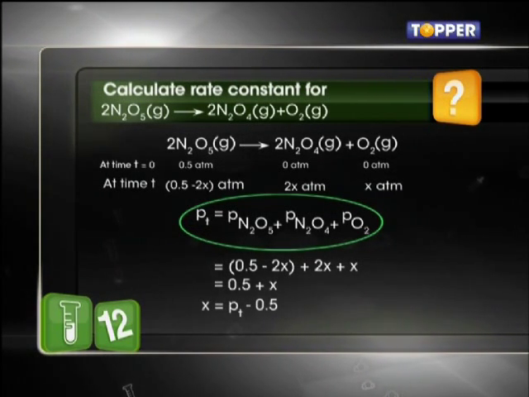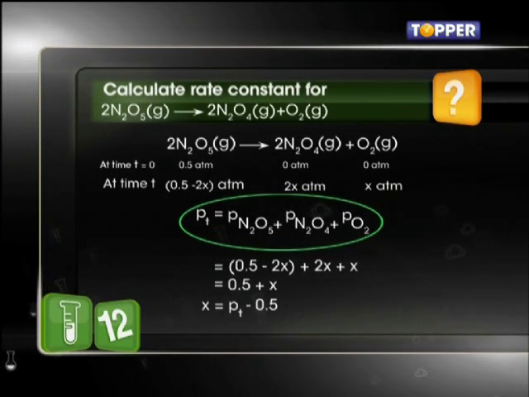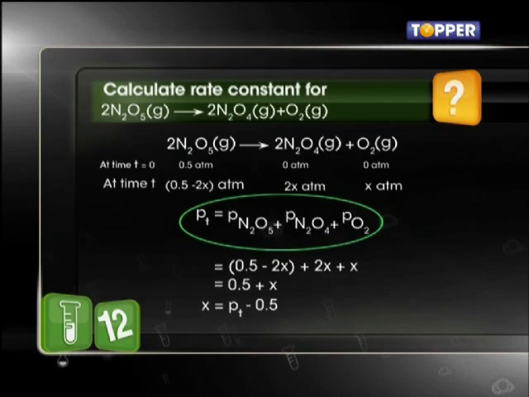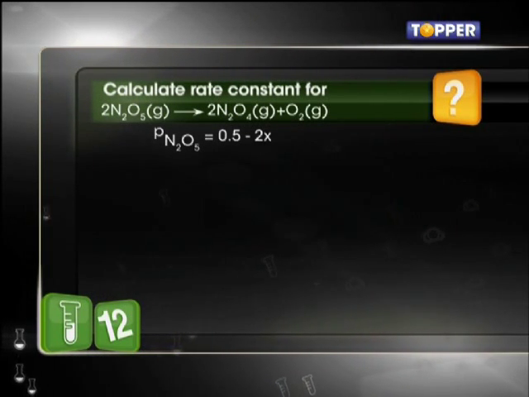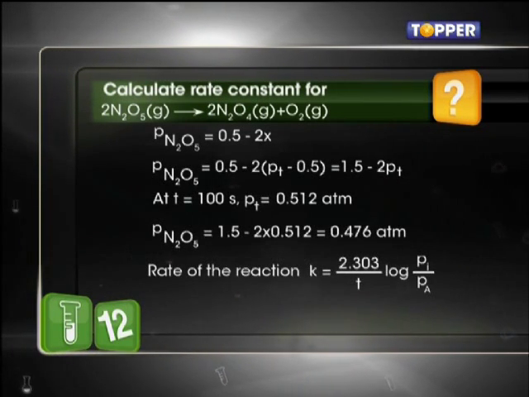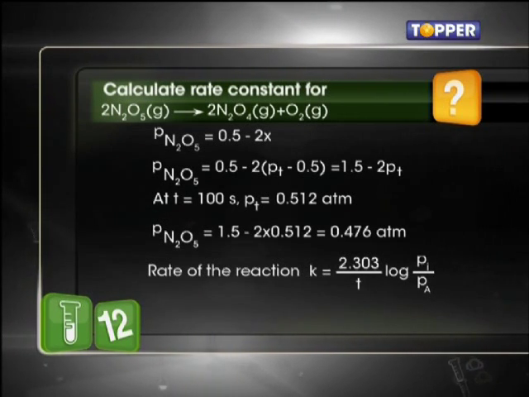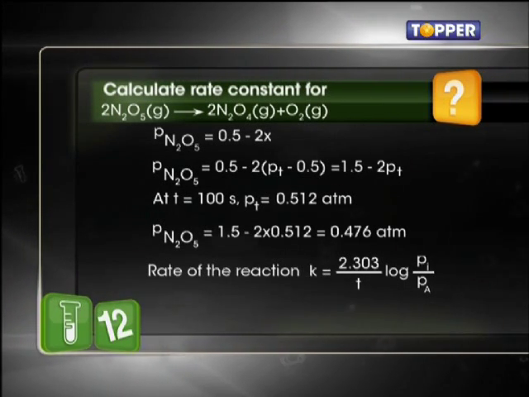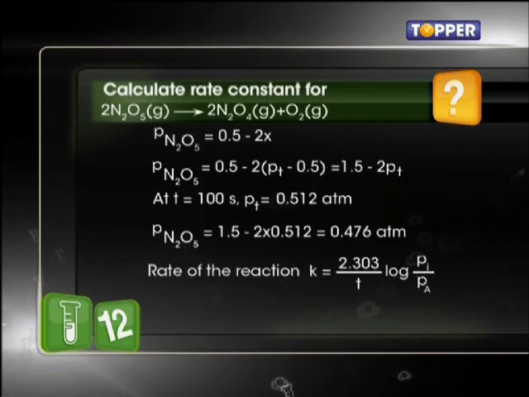Therefore, the value of x becomes equal to Pt minus 0.5. Substituting the value of x, the pressure of N2O5 comes out to be 1.5 minus 2 Pt.